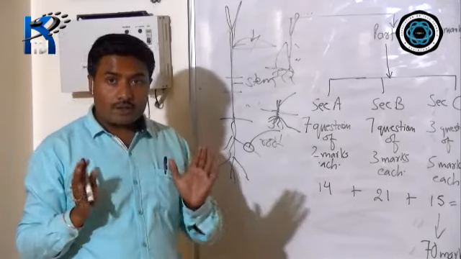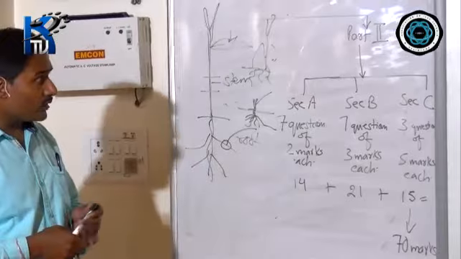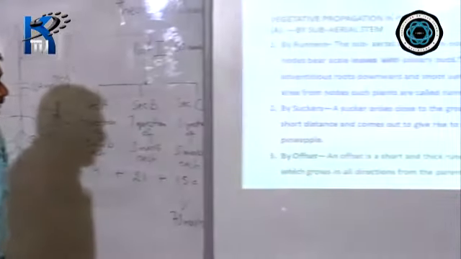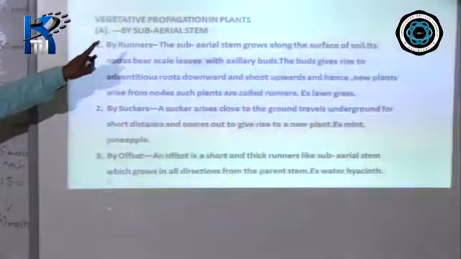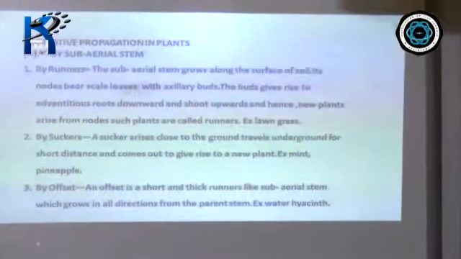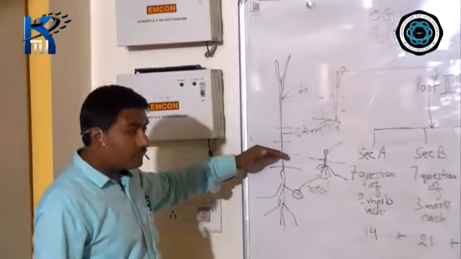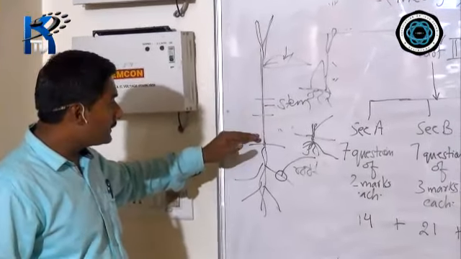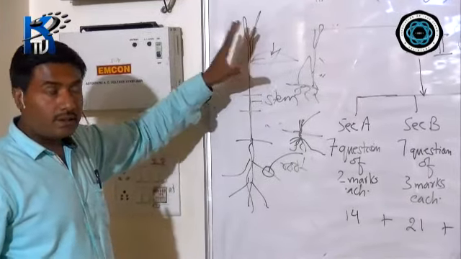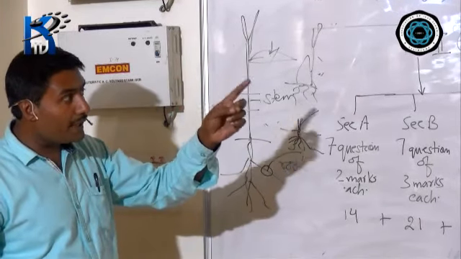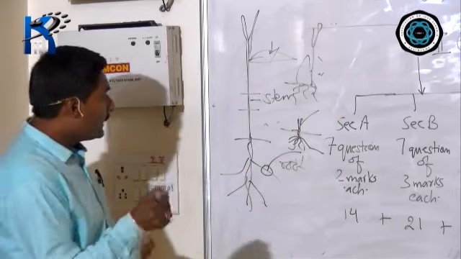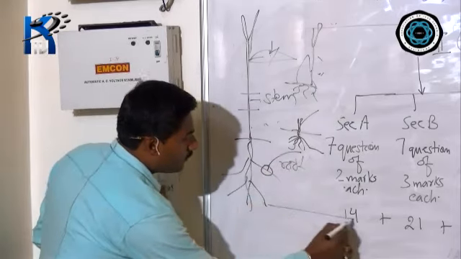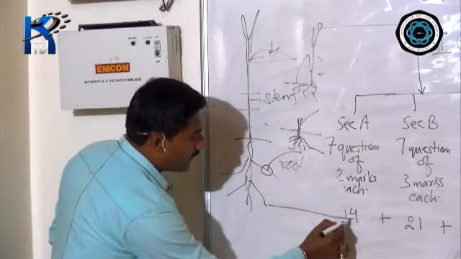Now, according to the syllabus, first of all, we have propagation by subaerial stem. What do you mean by subaerial stem? You see that this is fully aerial, the part of the plant that lies in the atmosphere. But when I say subaerial, suppose this is the land or the soil.